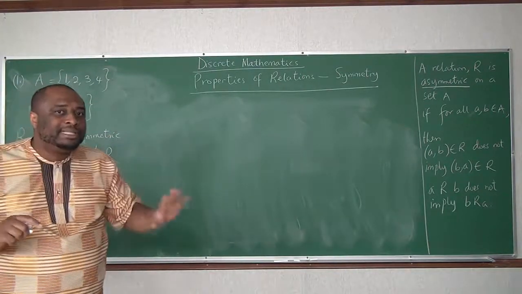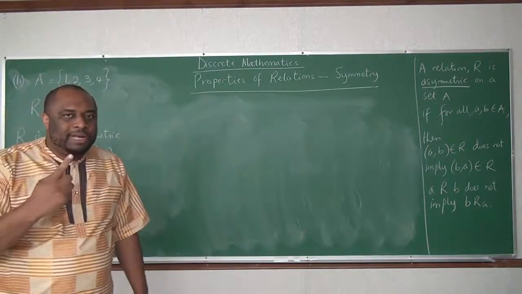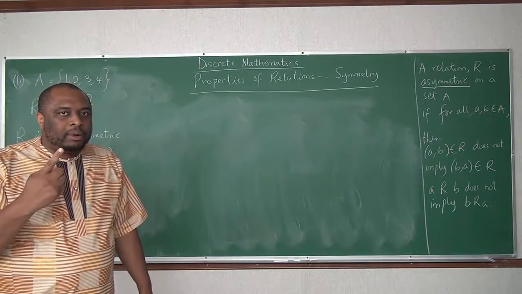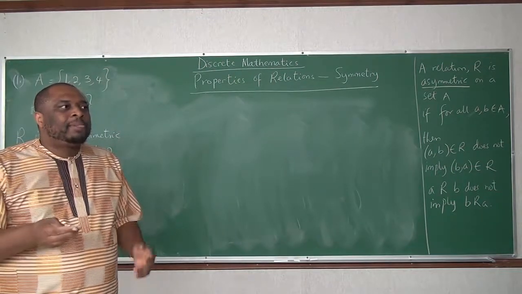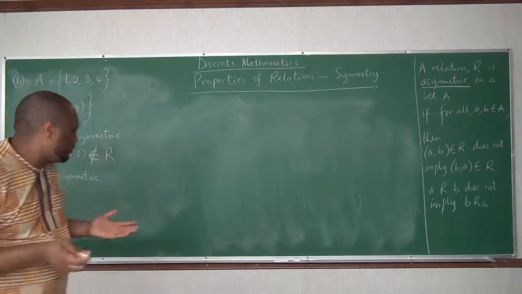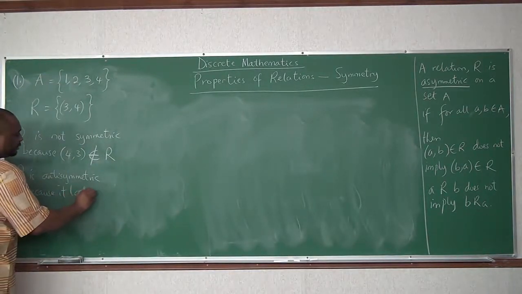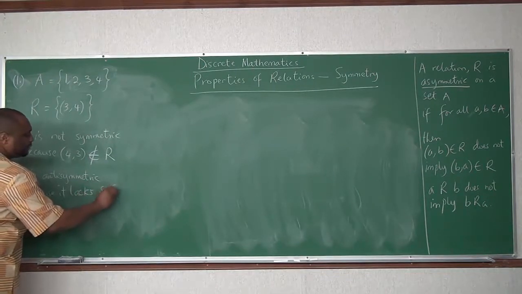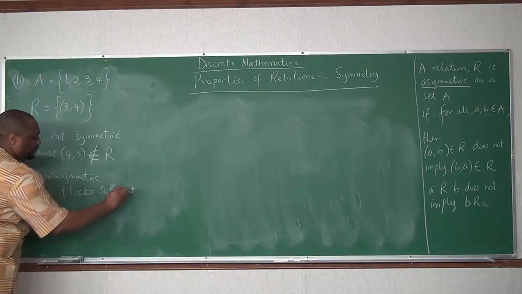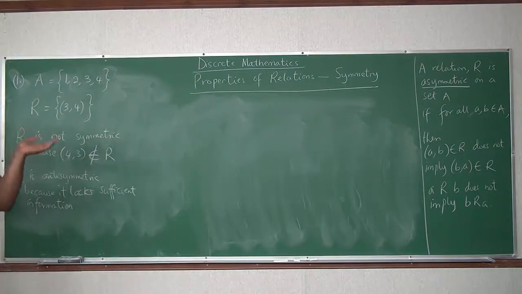It would just be symmetric. But we don't have that, and we have only one other pair, so it really lacks sufficient information about it. So we just say it is antisymmetric.